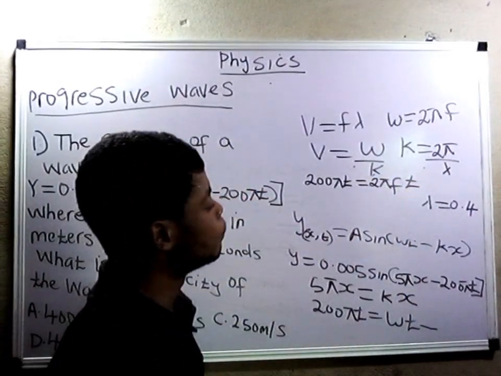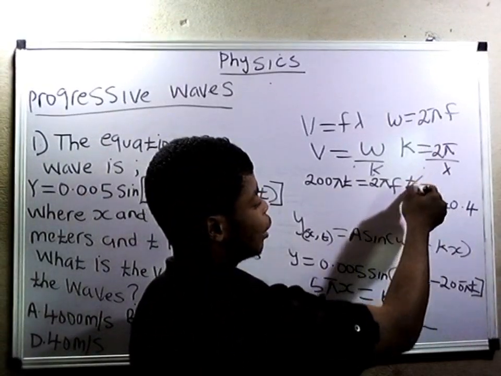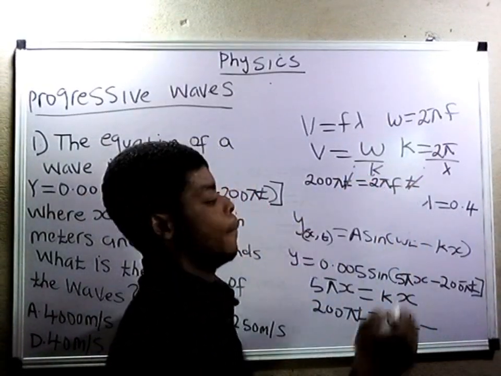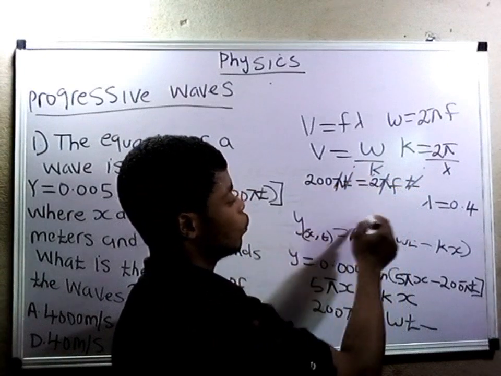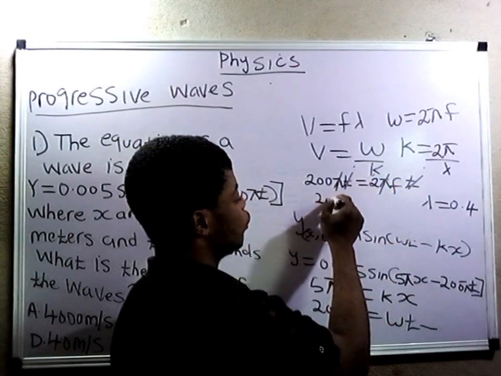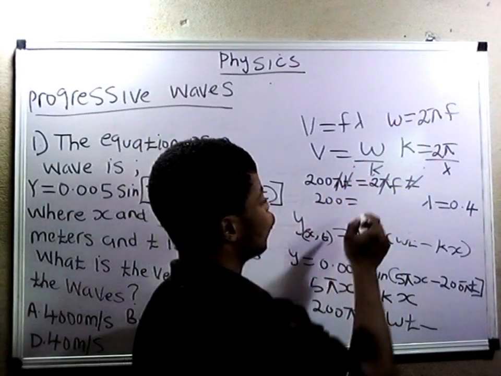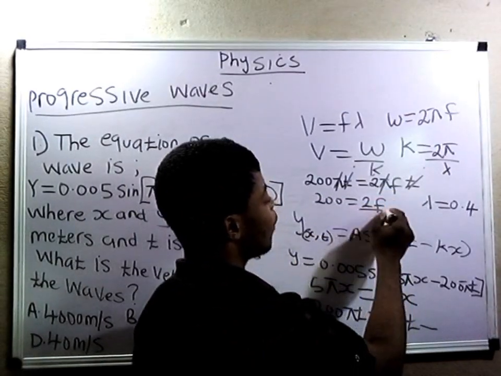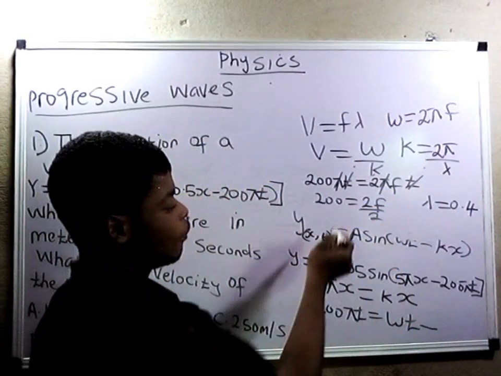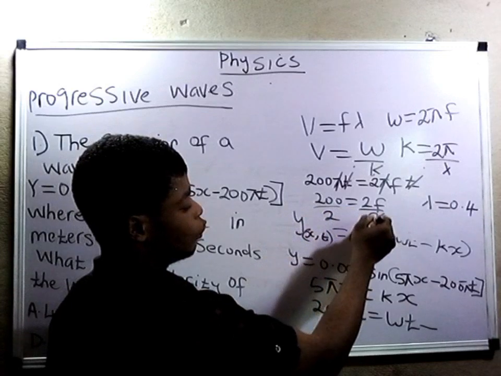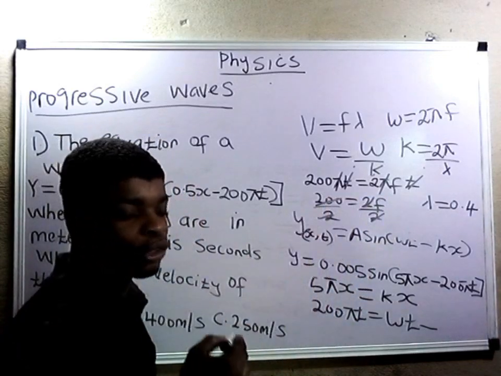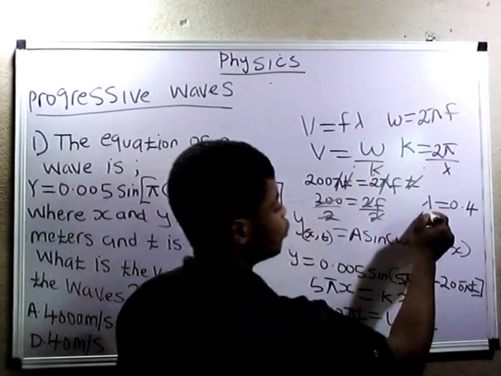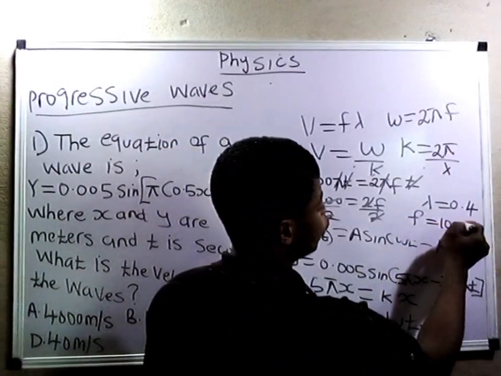We can cancel out to make it easier: t cancels t, pi cancels pi. So we have 200 equals 2 times frequency. Divide both sides by 2 to get the value for frequency. 2 cancels 2, 2 into 200 gives us 100. So frequency is equal to 100.